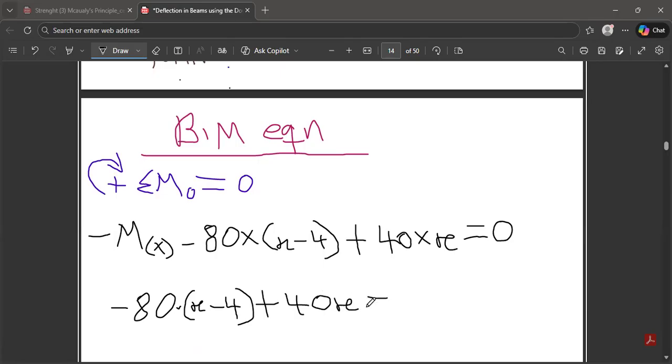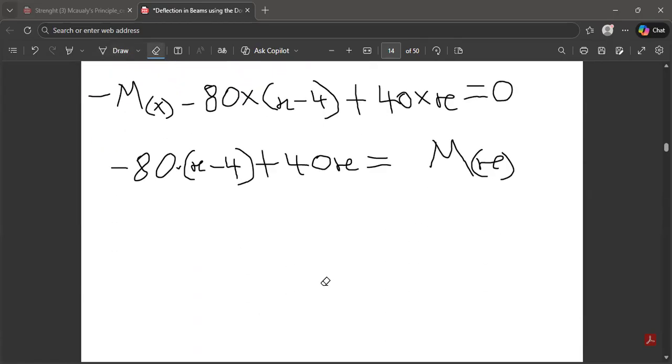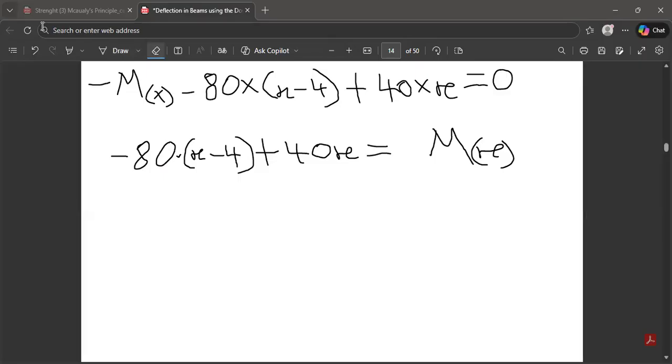Now I can bring my equal to sign. I can move my Mx, because we want it to stand alone. Minus, now it's going to be positive. Exactly. So at this stage, we can still rewrite this over here.